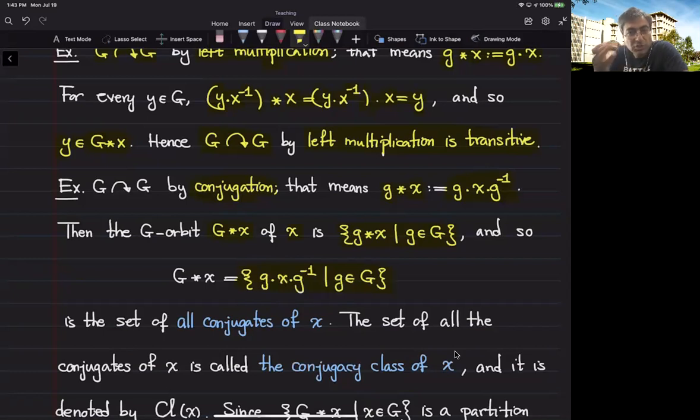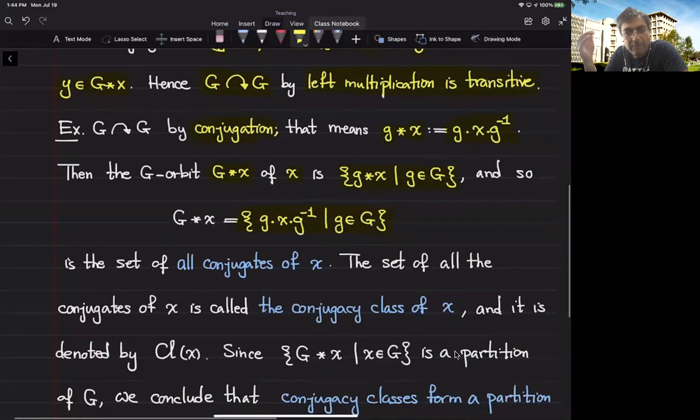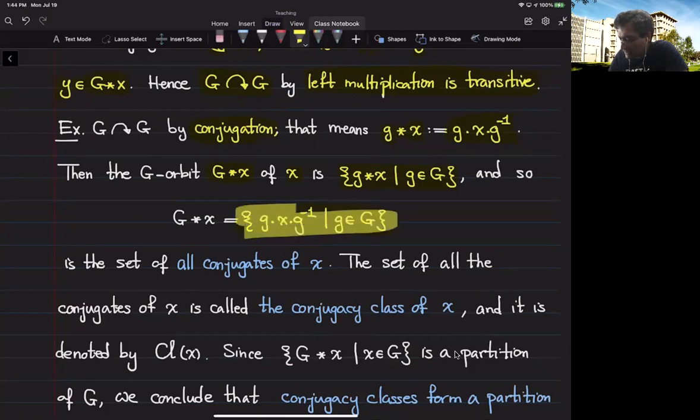We showed that the G orbits form a partition of the set X, so the set of all the conjugates forms a partition of the group G. This G orbit is called the conjugacy class of x, similar to an equivalence class, because conjugation is an equivalence relation.